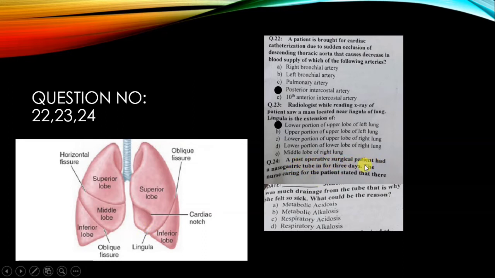A post-operative surgical patient has had a nasogastric tube in for 3 days. The nurse caring for the patient stated that there was much drainage from the tube, and that is why she felt so sick. What could be the reason? Metabolic acidosis, metabolic alkalosis, respiratory acidosis, or respiratory alkalosis.